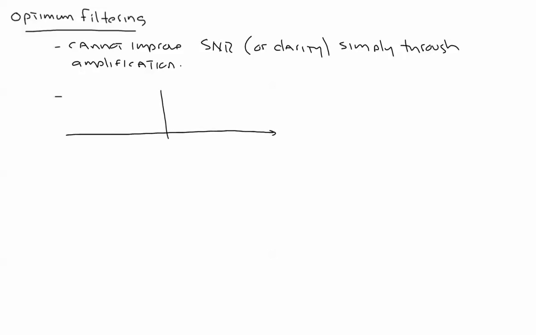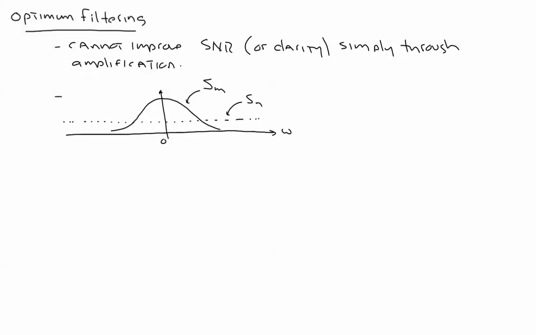I'm going to have, say, a low-pass type message. We'll call this the message power spectral density, S sub m. And there will be a noise power spectral density. We'll call that S sub n. And it's white. It extends to plus and minus infinity. And there is zero frequency.